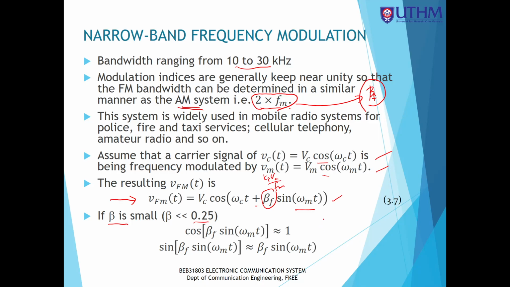If beta is small, we can make approximations for some parameters. We are going to see about this later. Based on the trigonometry functions, we get this one approximately equal to 1, and this one approximately equal to beta F sin omega Mt.